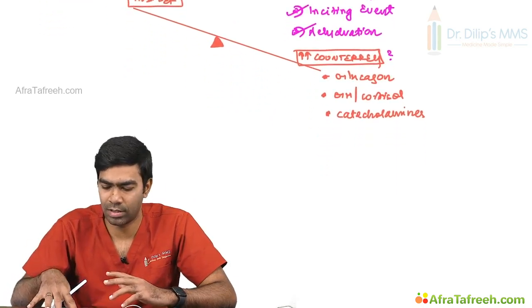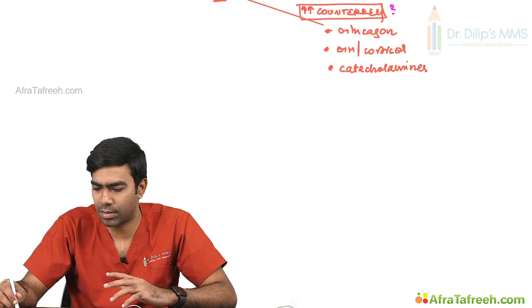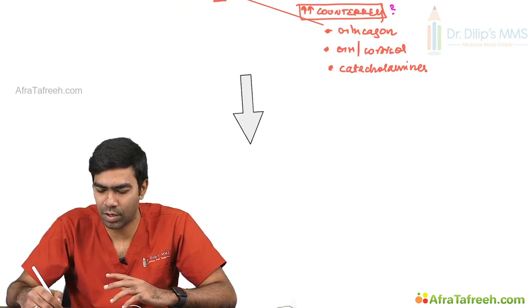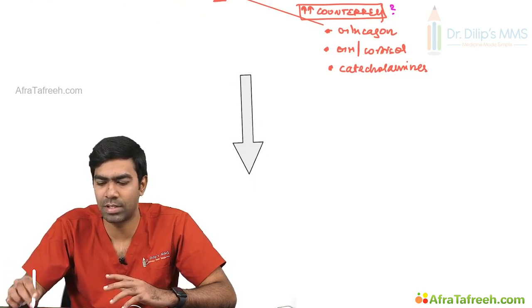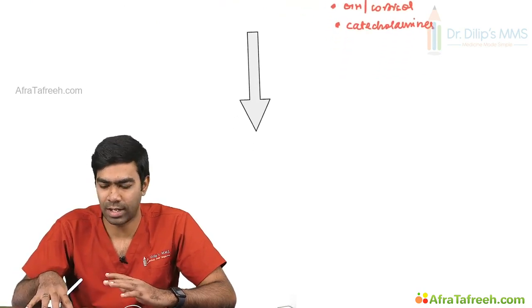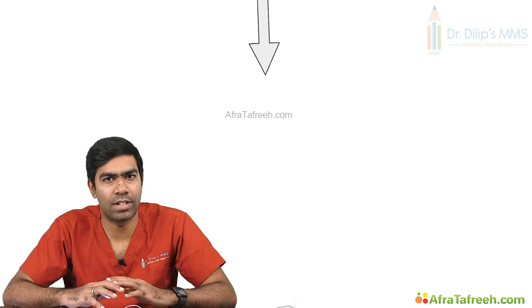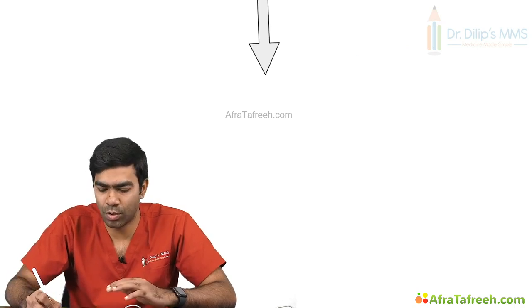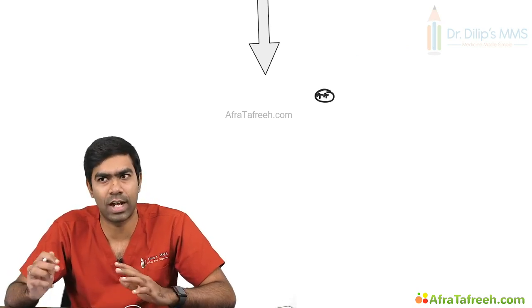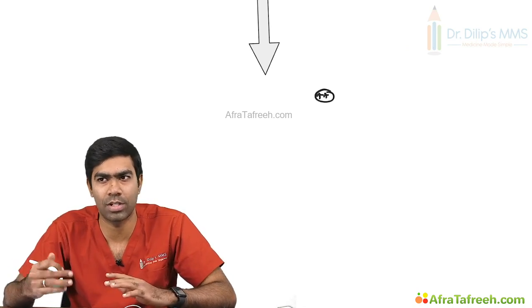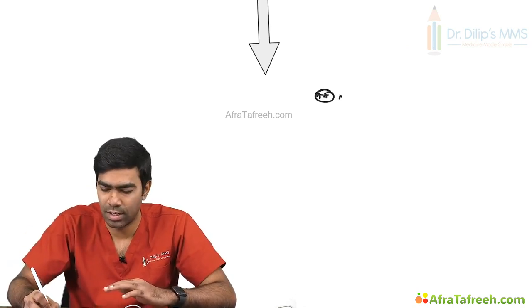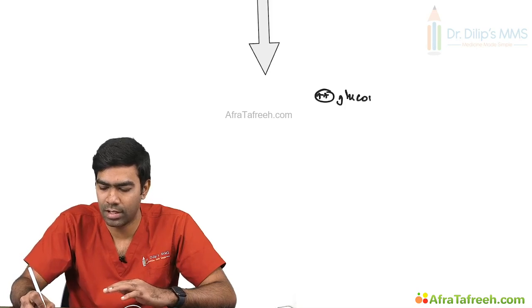But nevertheless, whatever may be the levels of the counter-regulatory hormones, the main problem is insulin deficiency in this setting. Because of the insulin deficiency, the liver cannot suppress gluconeogenesis, and because at the same time there are excess counter-regulatory hormones that stimulate gluconeogenesis, there's going to be accelerated gluconeogenesis in the liver.